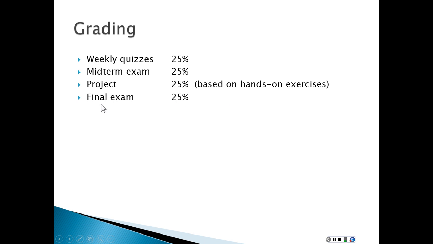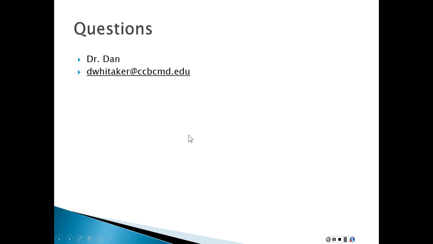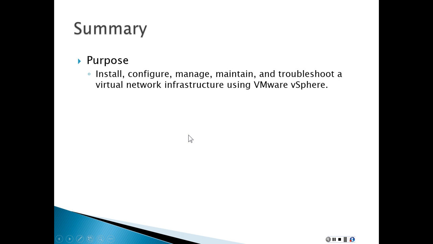And then the final exam, which is 25% of the grade, requires that you come in to the College Testing Center to take the final exam. If anybody has any questions about anything, please email me, or if you see any errors in the course, please let me know so I can fix them.